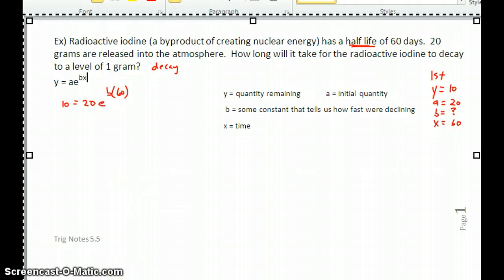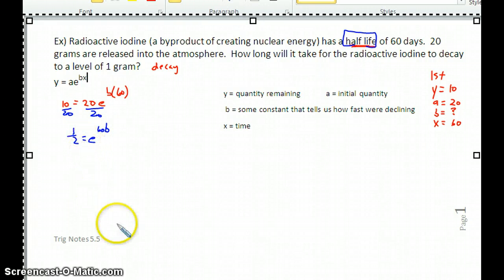One thing I want you to notice when I start to solve this, when I divide by 20, I get half over here. Anytime we're doing a half-life problem, when we start to solve for this E, or to isolate the E, this always should result in a half if we're dealing with a half-life problem. Okay? Just the first time that we go through and do this.